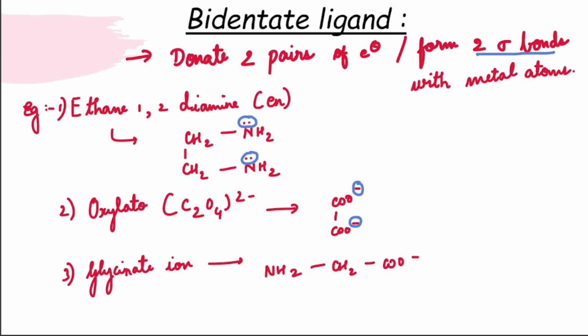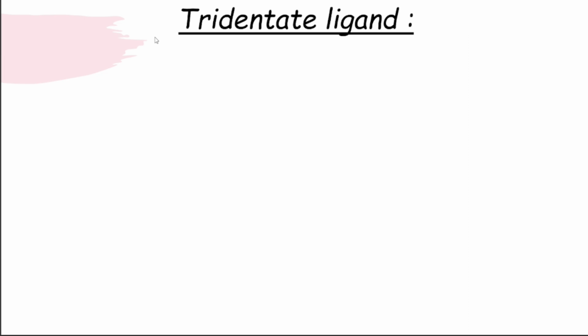This comes under the bidentate ligand because nitrogen has 1 pair of electrons and the other end has a negative charge, so it donates two pairs of electrons to form bonds. All these come under bidentate ligands because they donate two pairs of electrons to form coordinating sites with the central metal atom. Now let's proceed to the tridentate ligand. Tridentate ligands are the ligands which donate three pairs of electrons.